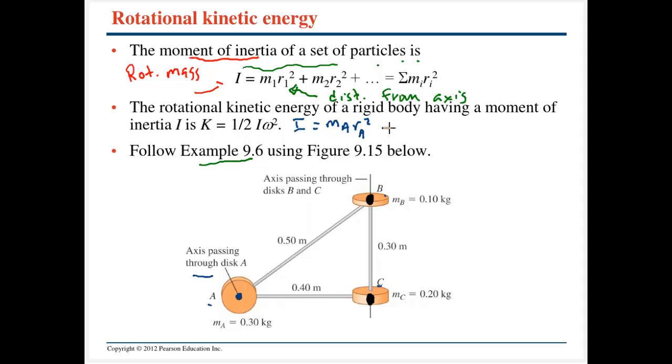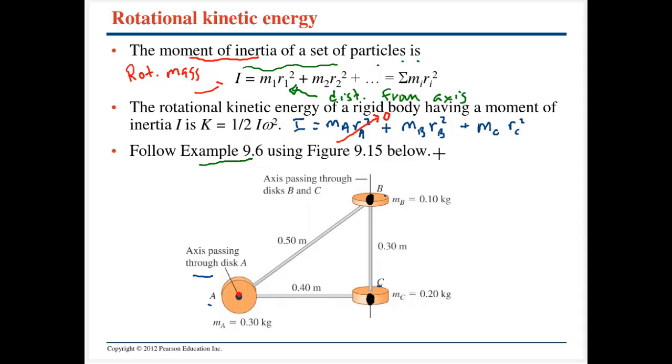You can kind of see that's going to be 0. So mass of B, the distance that B has from the axis, and lastly mass of C multiplied by the distance of C squared from the axis of rotation. We can see that A has the axis passing through it, so the distance to the axis is going to be 0.